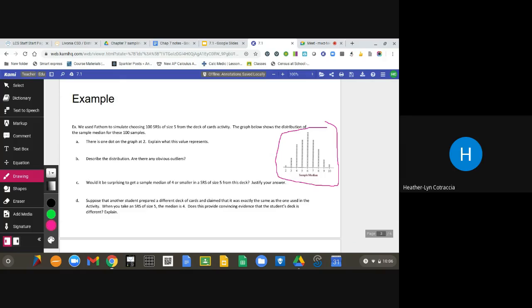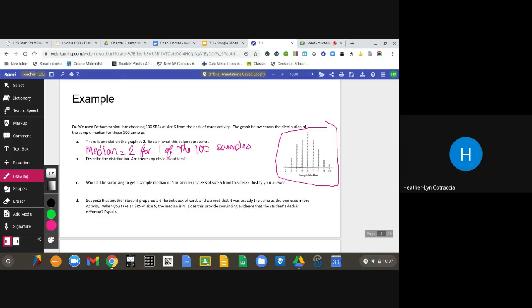That represents, what are we doing here? Finding the median. The median equaled 2 for one of the 100 samples. So there's 100 dots right here, and one of those samples had a median of 2.